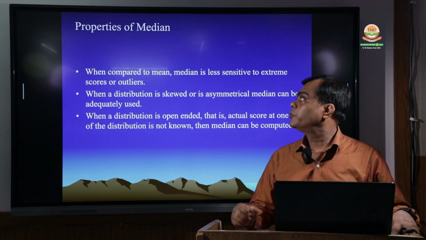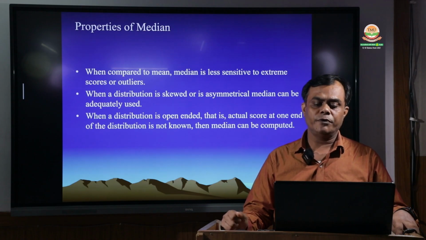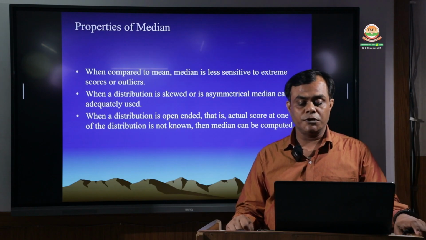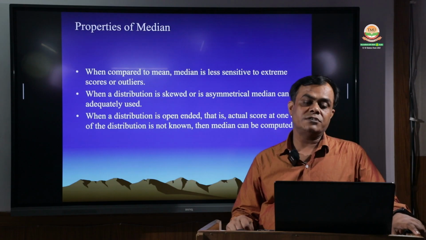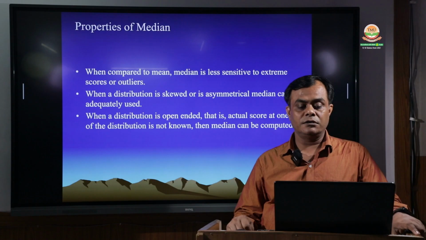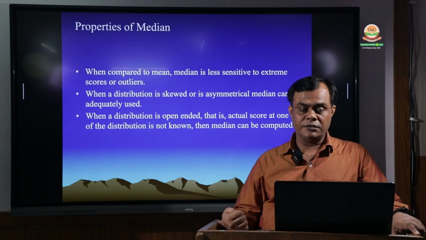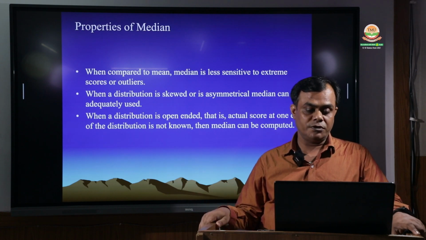Next are the properties of the median. When compared to the mean, the median is less sensitive to extreme scores and outliers. So simply we can say that when there are extreme scores and outliers, in that situation the median is more prominent than the mean, because in this situation the mean is not possible to calculate, but we can calculate the median.